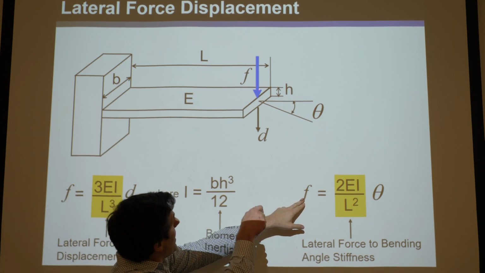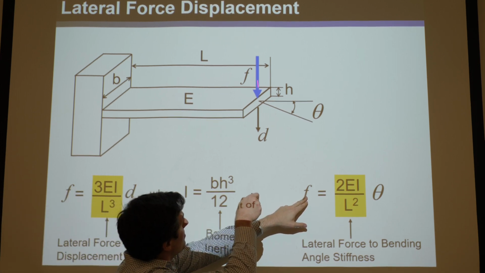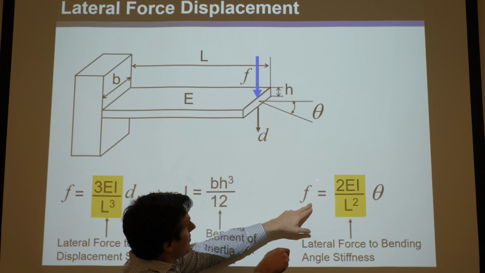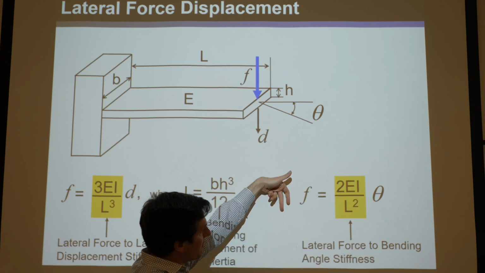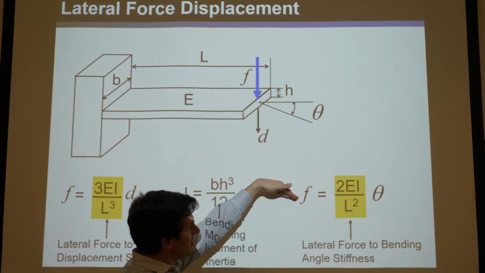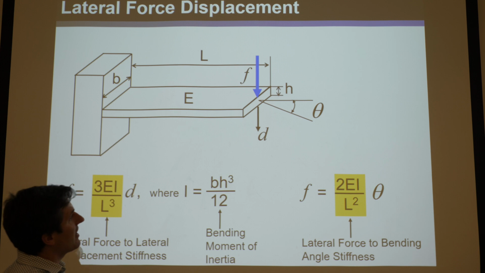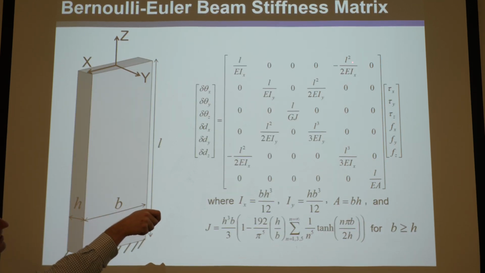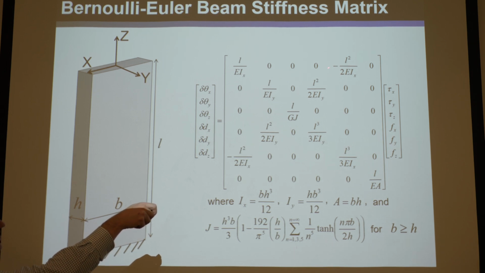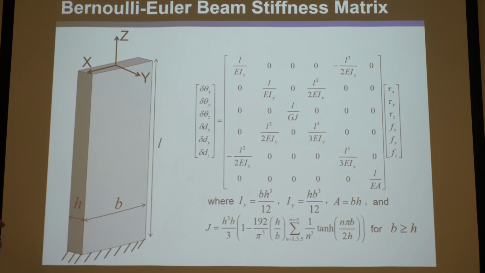For a bending force, pushing a force there, the equation that relates F to theta is 2EI over L squared. And in this case, we flip it, so it's L squared divided by 2EI times F equals theta. And we're going to put a negative there because it will be in the negative direction.